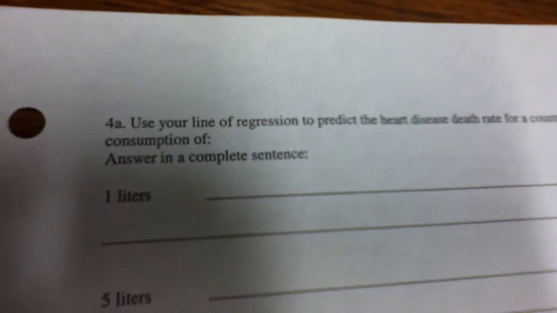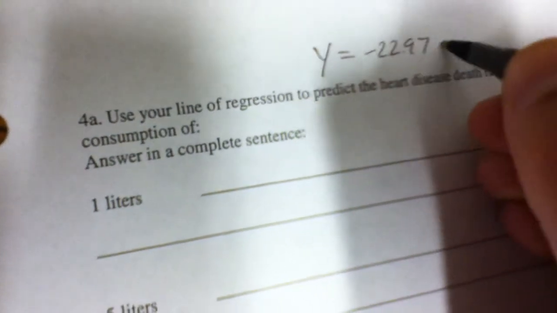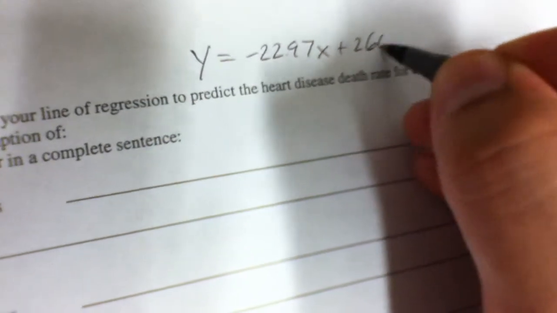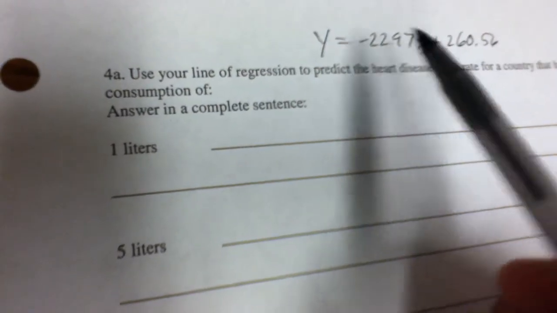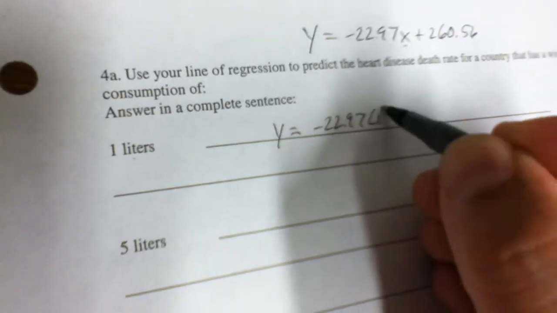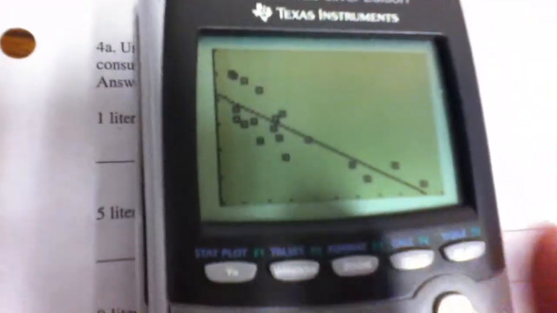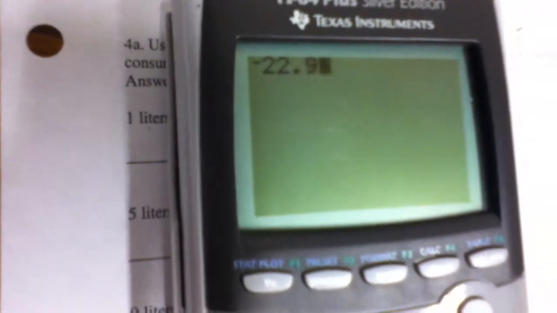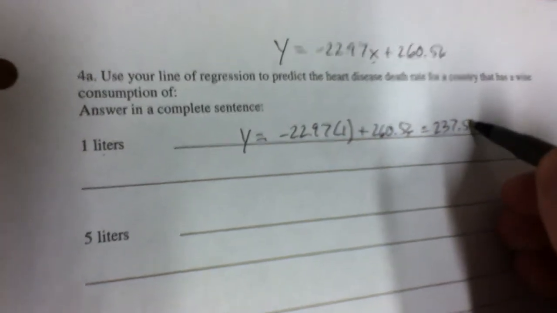Now, next question. Use the line of regression to predict the heart disease death rate for a country that has a wine consumption of 1 liter. Our linear regression again is y equals negative 22.97x plus 260.56. Since x is wine consumption, I put 1 in for x. So y equals negative 22.97 times 1 plus 260.56, which gives me 237.59.